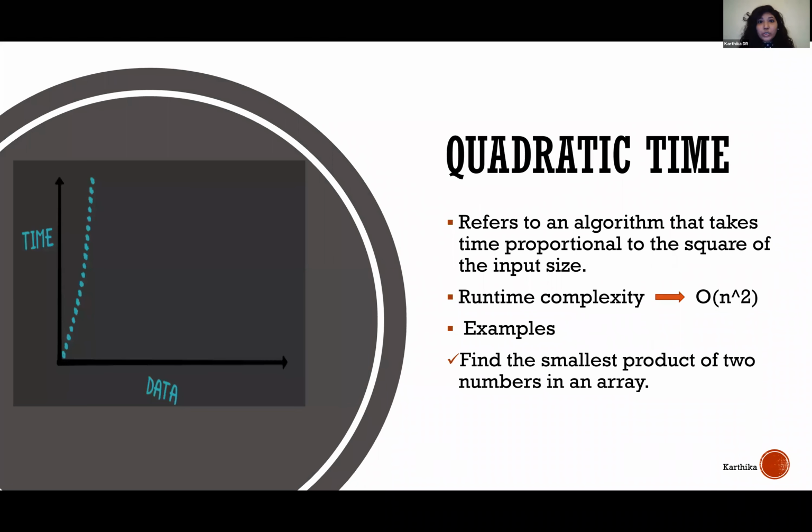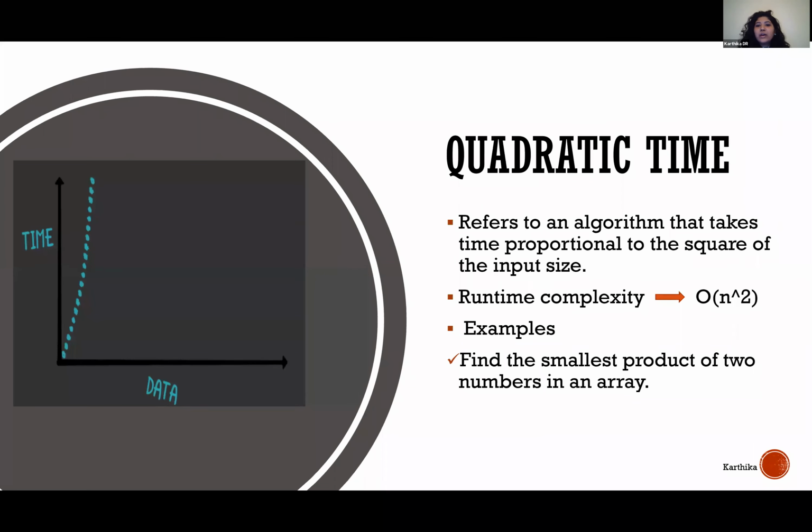Next is O of n squared, that is quadratic time. As you can see, the curve pattern in the graph changes. For constant time, it was just a horizontal line. Then it became a slope. Now it is n squared, going upwards.